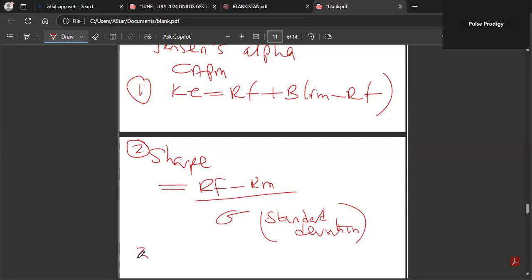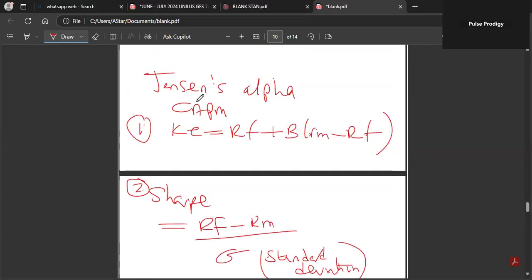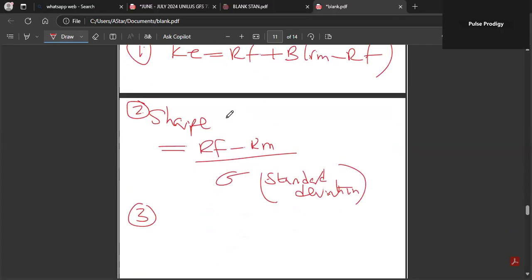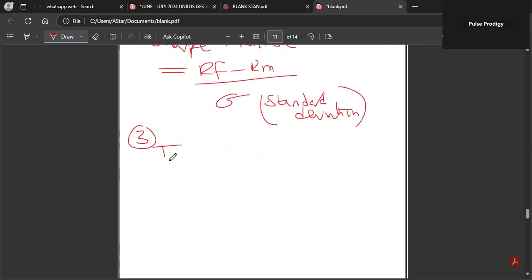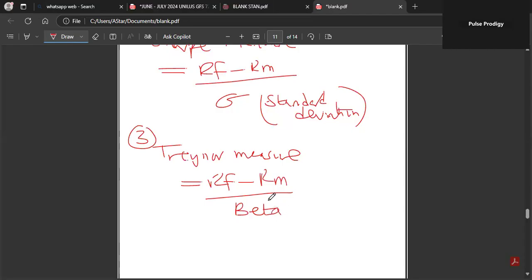Then we have the last one, the Treynor measure. It says return of the market minus risk-free over beta. So if they ask you to find the Treynor, you use this formula here.